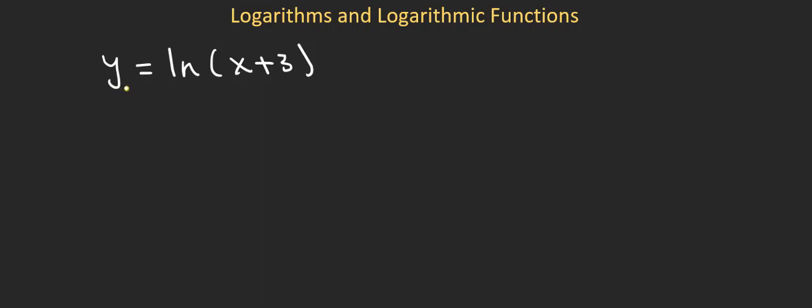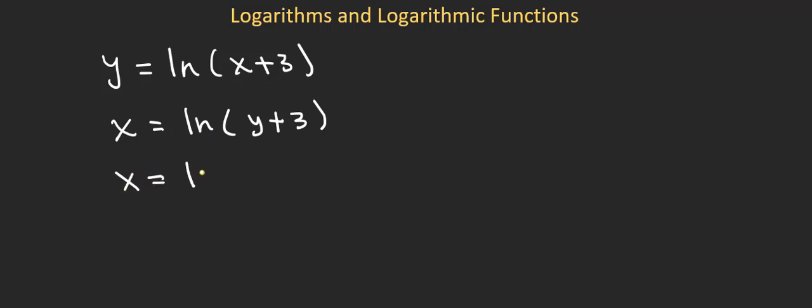How do you find the inverse of y equals natural log of x plus 3? Well, first we need to interchange x and y, and we're going to solve for y. Remember, natural log is the log with base e. So how do you write that in exponential form?